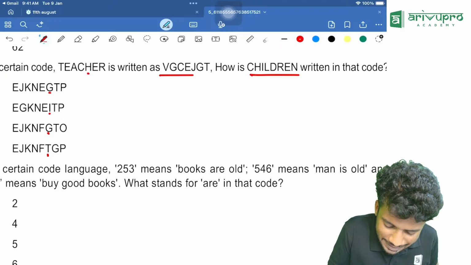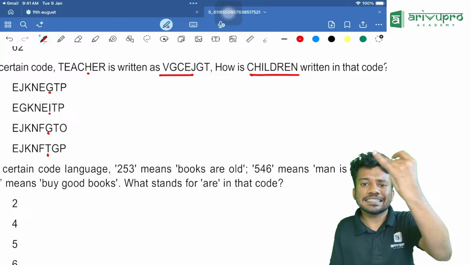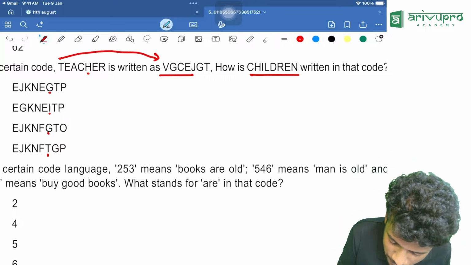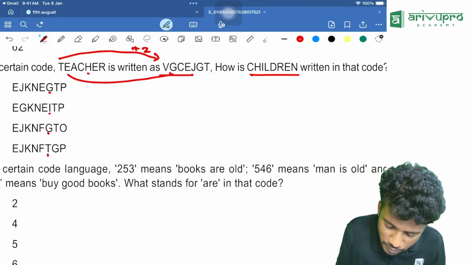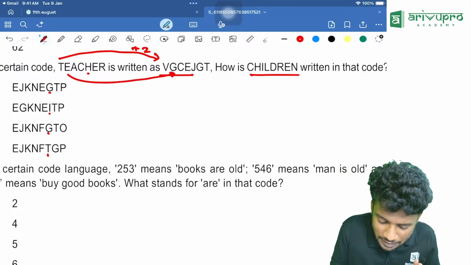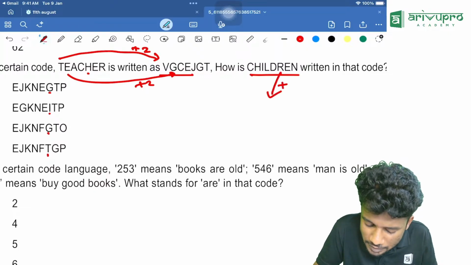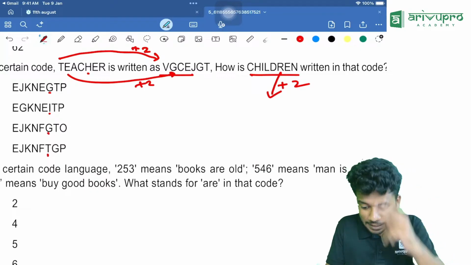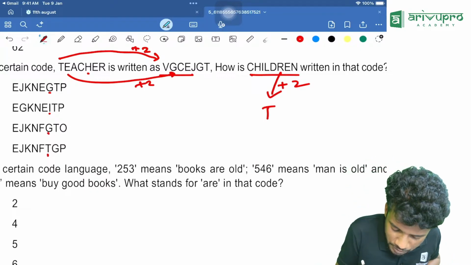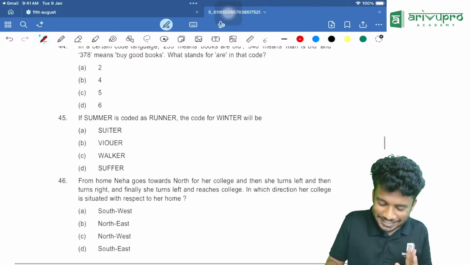Here, H is becoming J, that means plus 2 is happening. Everything is plus 2. T plus 2 is V. E plus 2 is G. So plus 2 is the code over here. So the third last letter plus 2 should become T. Option D is your answer. Directly you can go with that method. That is the easiest method, people.